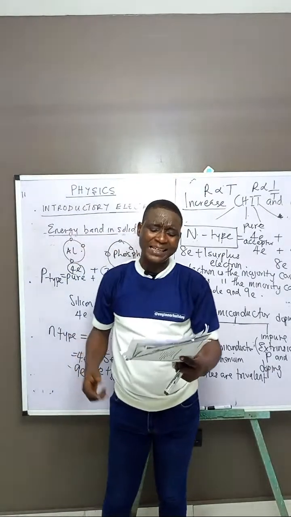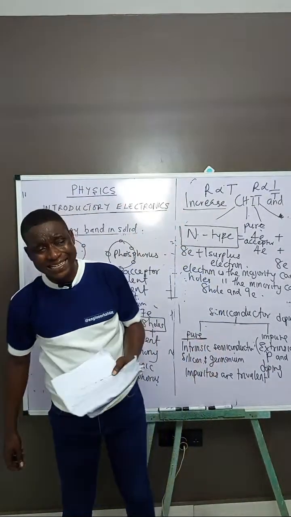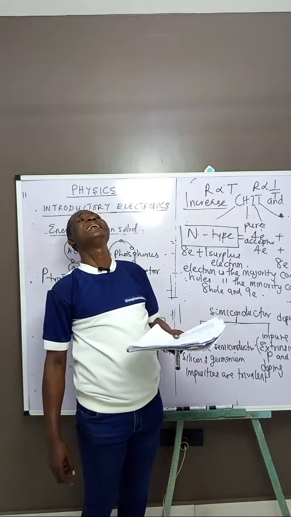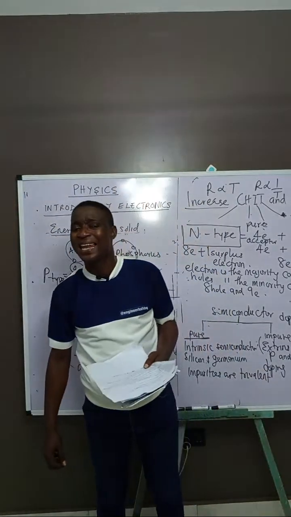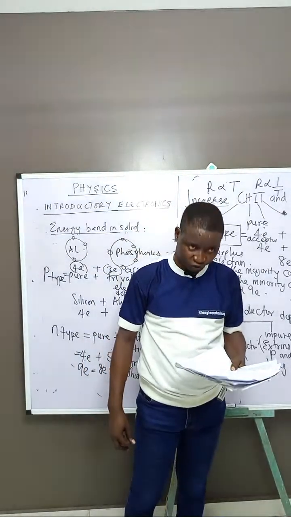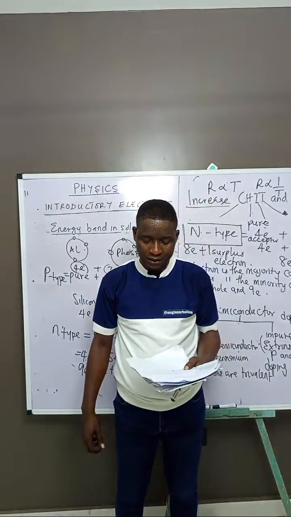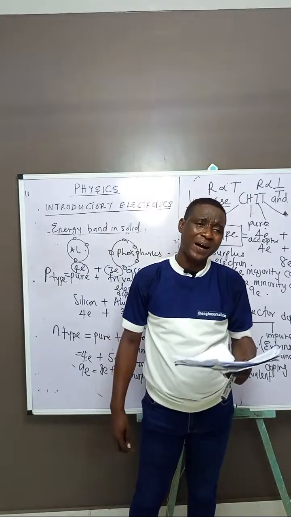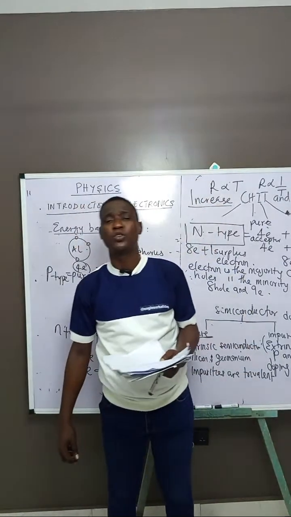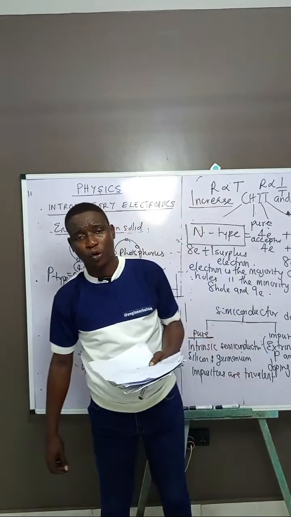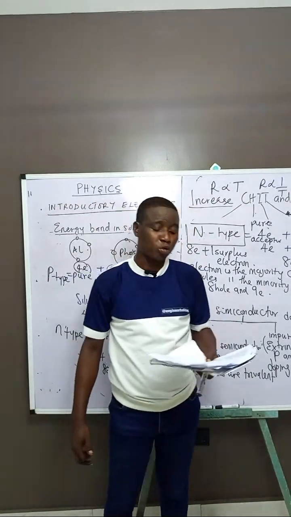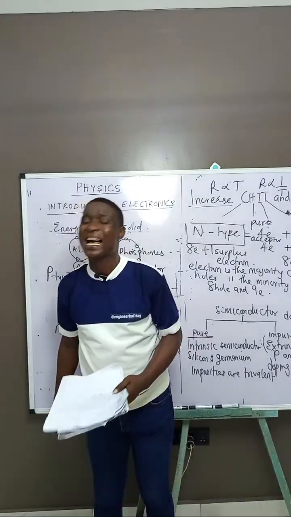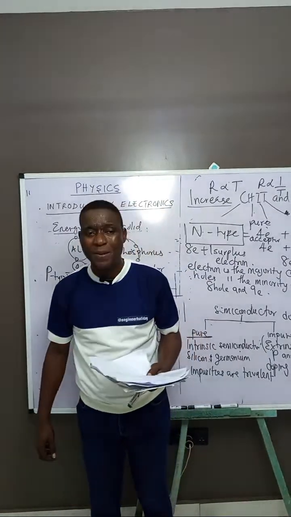This was a define intrinsic question. An intrinsic semiconductor is a semiconductor that has a number of free electrons equal to the number of holes. Now, if I say define extrinsic: extrinsic semiconductors are semiconductors in which the number of free electrons is not equal to the number of holes, and they can be produced by a doping process.